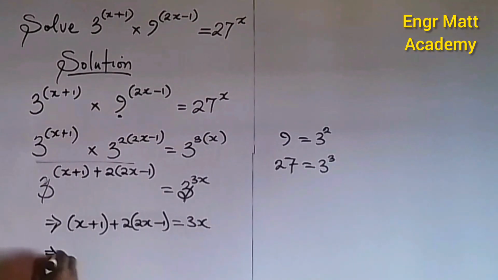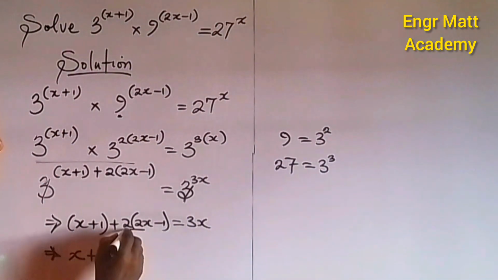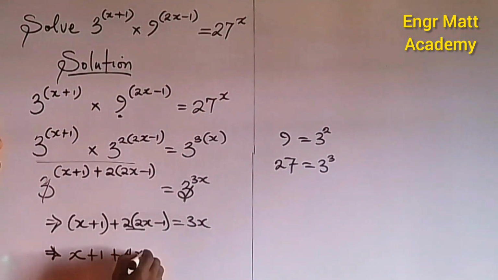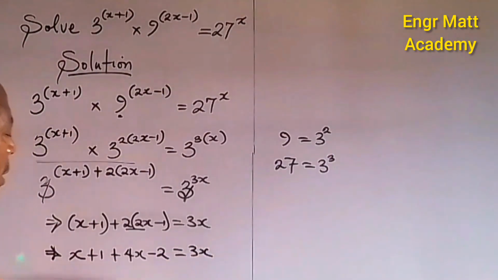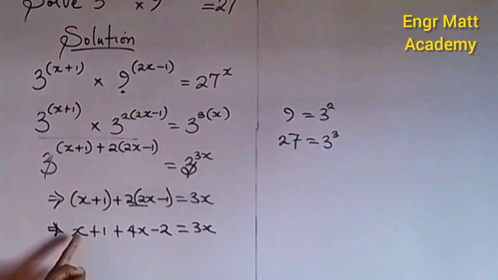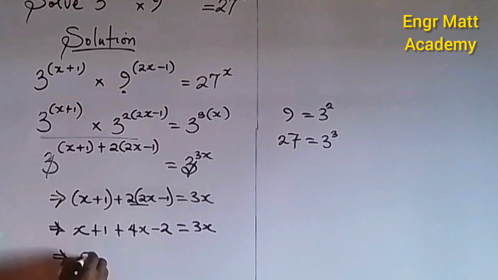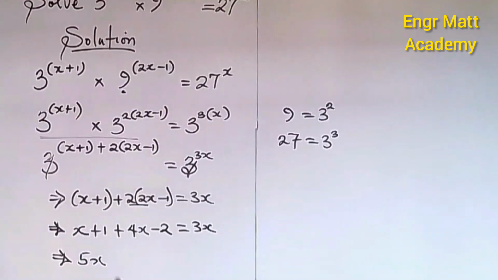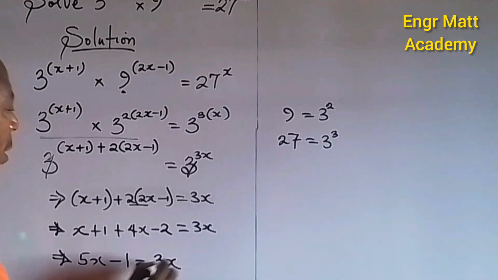We now have x plus 1 plus 2 times 2x, that would be 4x, 2 times minus 1, minus 2, equal to 3x. We have two like terms here, x plus 4x, that will give us 5x. Then plus 1 minus 2 will be minus 1, equal to 3x.